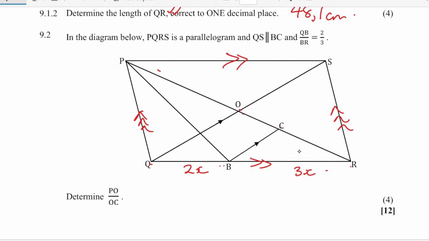We need to find a way to relate this. So if this is 5x, and this is a parallelogram, then looking at the lines that are parallel, it's this and that.